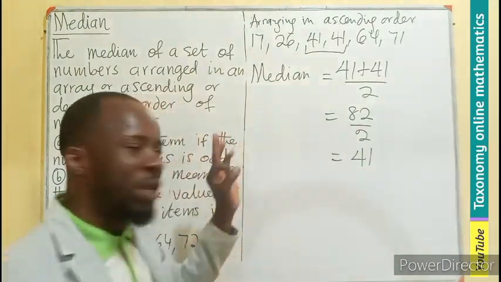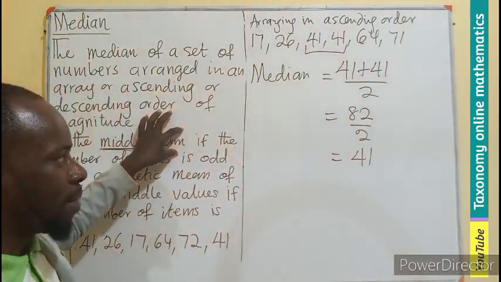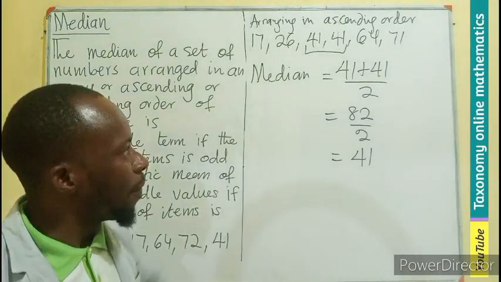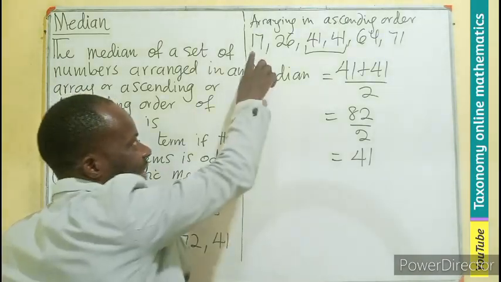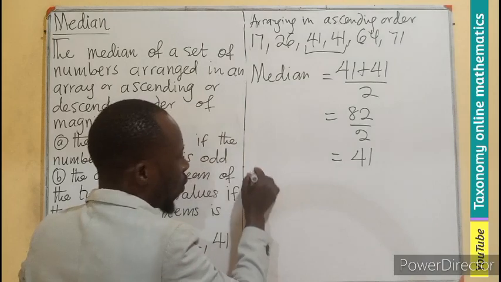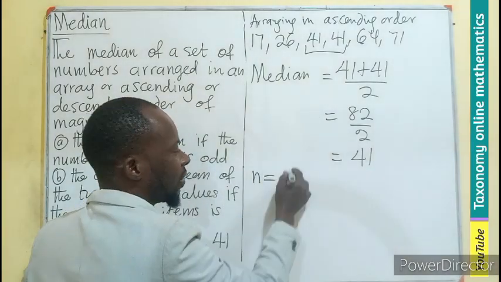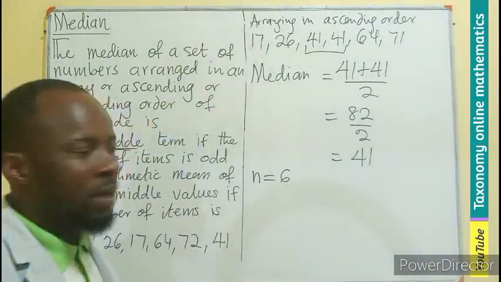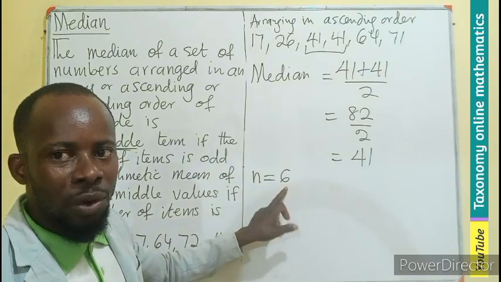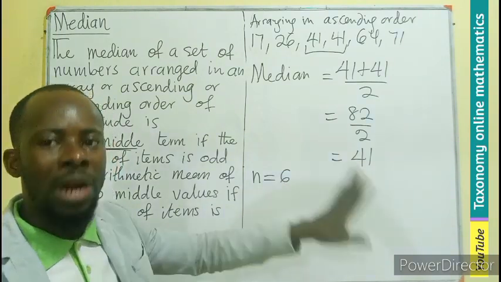All right. Just as we did for the odd number in terms of formula, we can also say that let the number of entries equal n, and in this case there are 6 of them, which is an even number. We know half of 6 will give us a whole number.